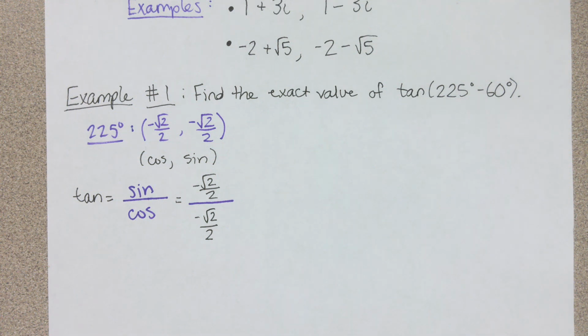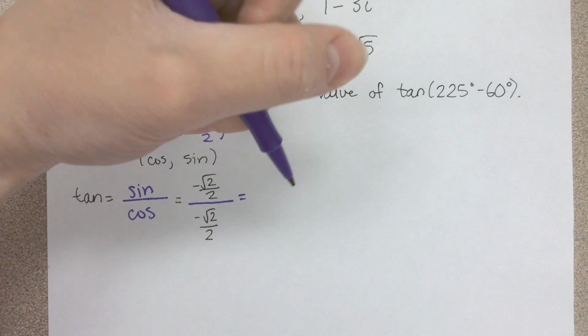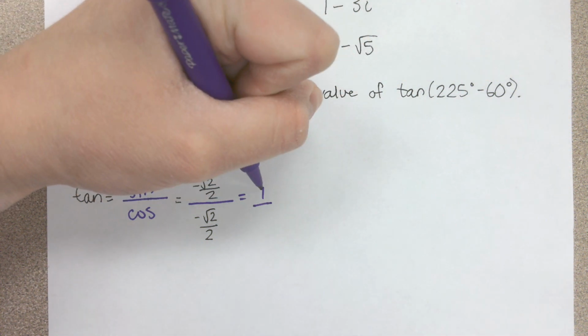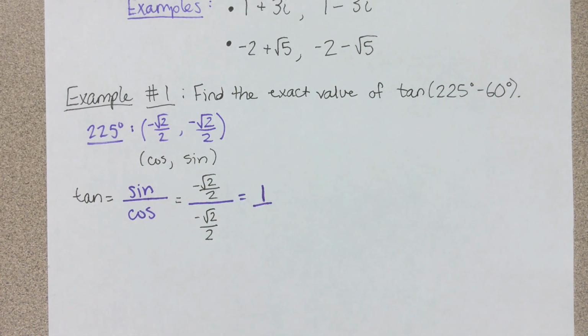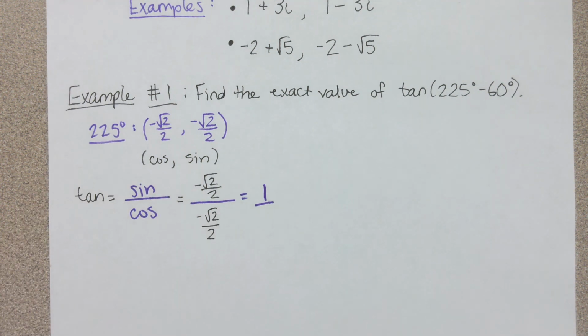You can keep, change, flip here, but that's not necessary. A number divided by itself will always give you what? 1. So tangent at 225 is 1.